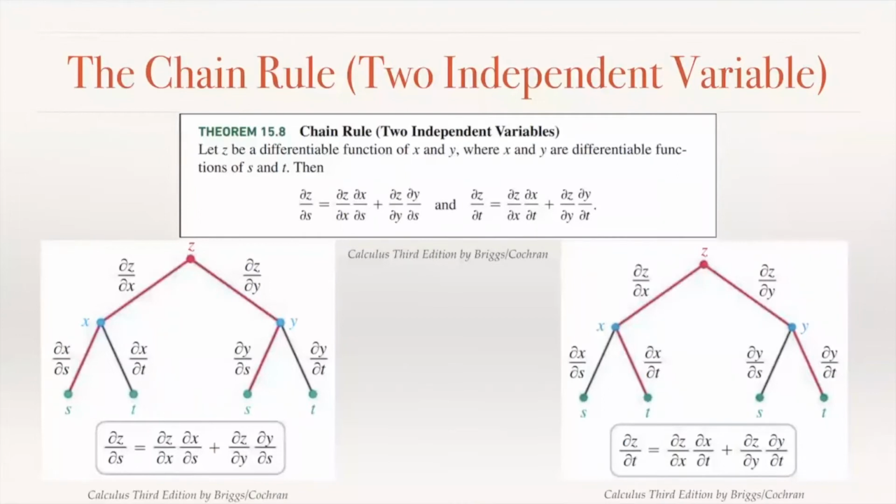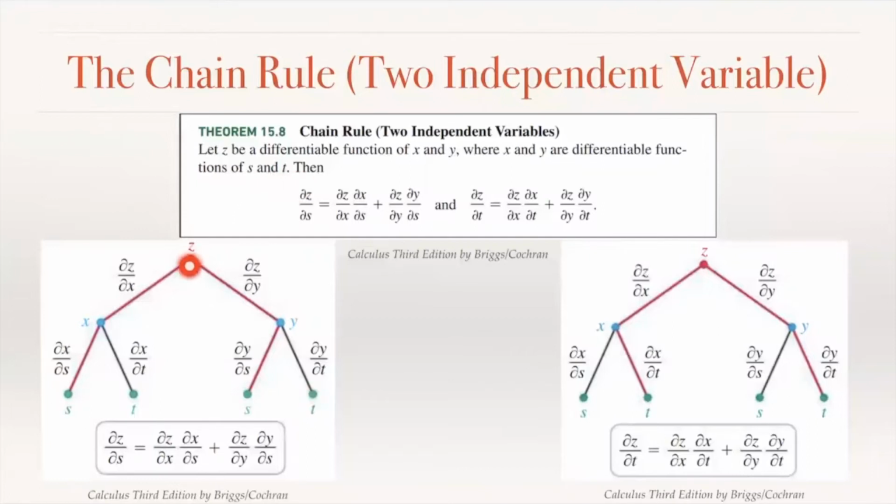And this works in general. The only caveat is that if your end function is a function of two variables, then to generate the chain rule, you would look only at the branches ending in that variable.